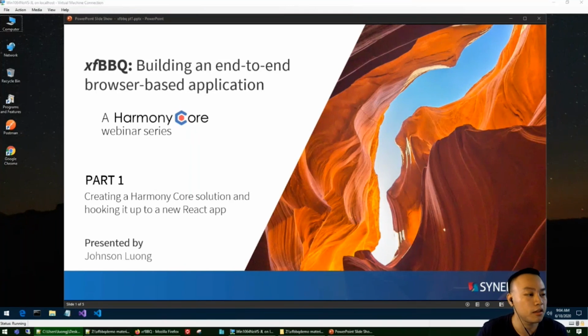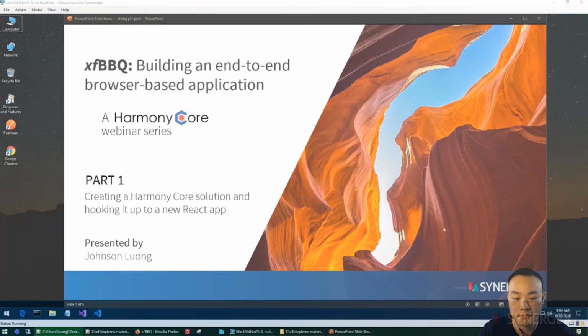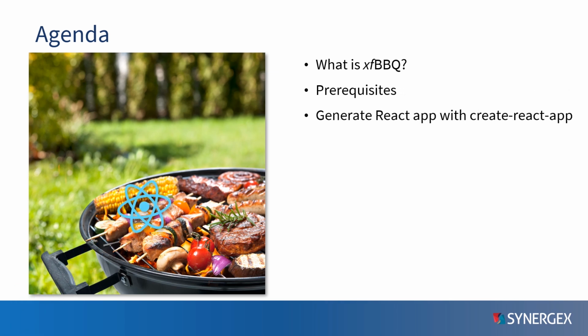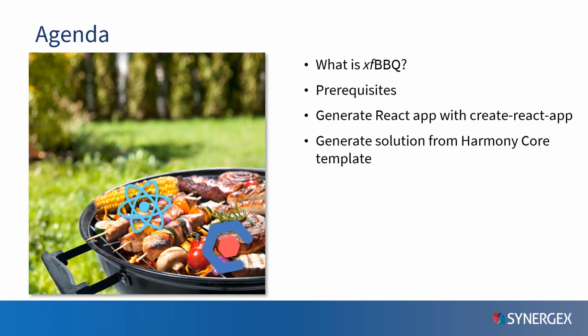Hello. So this is xfBBQ, building an end-to-end browser-based application. Let's get started. On today's agenda, we're going to cover what is xfBBQ, the prerequisites required in order to run and build it, how to generate a React app with Create React App, and then we're going to generate the solution from the Harmony Core template.